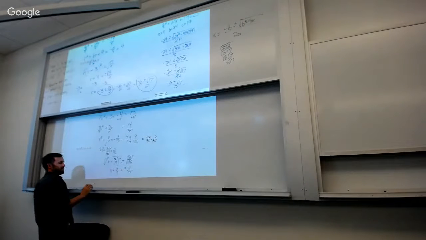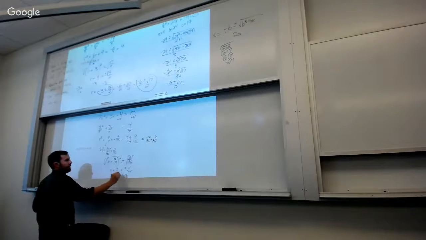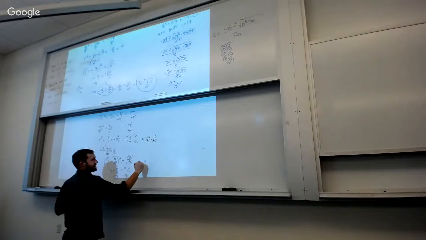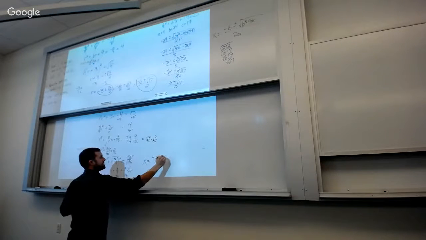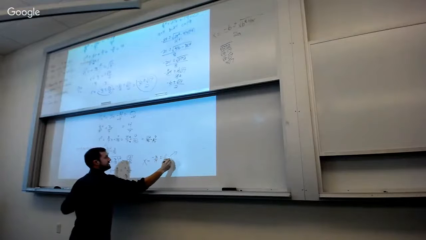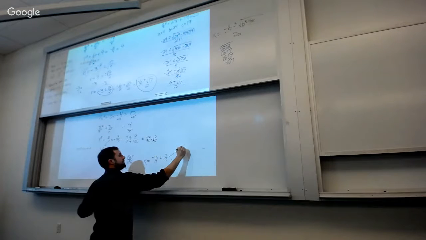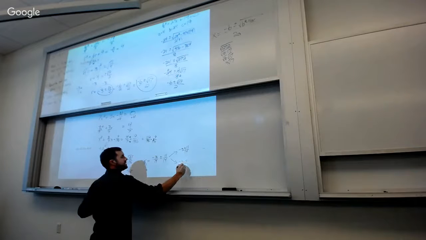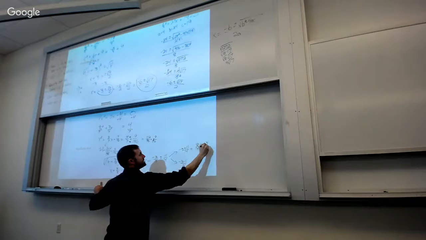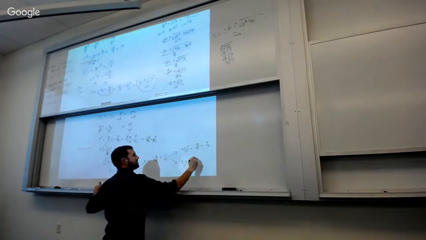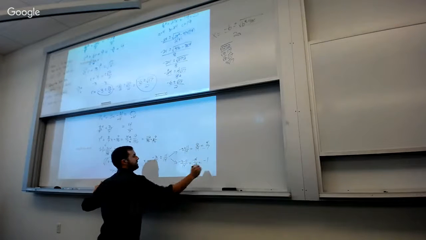So now I have x plus 3/14 equals plus or minus 11/14. I subtract 3/14, and I end up with x equals negative 3/14 plus or minus 11/14, which is negative 3 plus 11 over 14 and negative 3 minus 11 over 14, which is 8/14 or 4/7, or negative 14/14, which is negative 1.